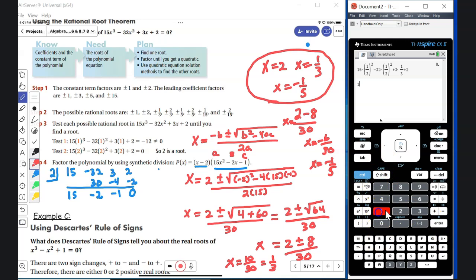And so I'm going to type in 15 parentheses negative 1/5, raised to the third power, minus 32 parentheses negative 1/5 squared, plus 3 times negative 1/5, and then plus 2. And I should get 0. And I do. So those are all my zeros.